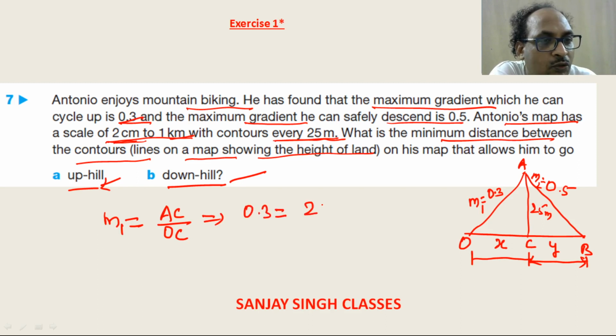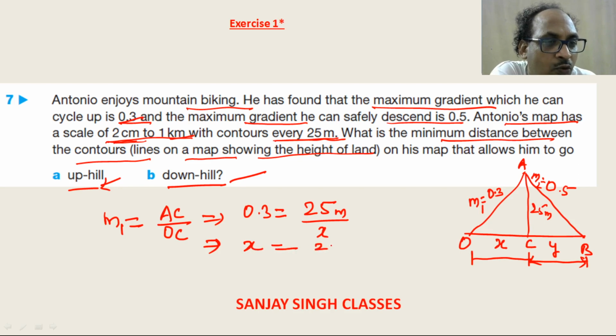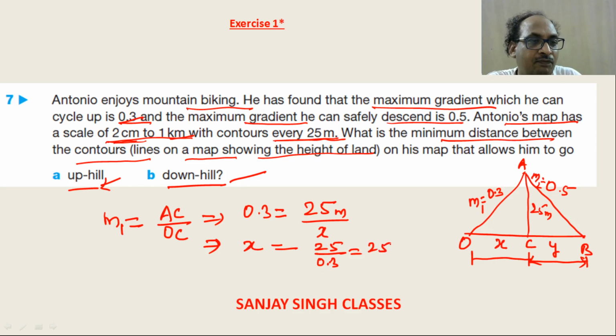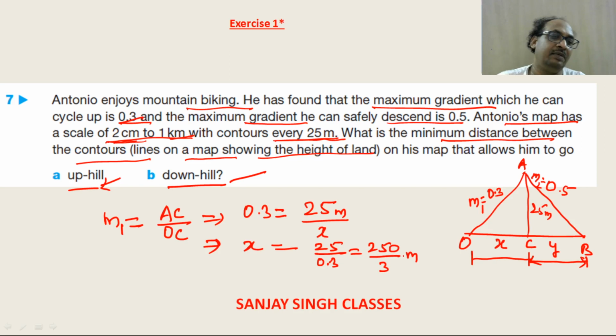AC is also given to us, it is 25 meter divided by x meter. Right. Now further, this x will be equal to 25 by 0.3, or we can write it as 250 by 3. So 250 by 3 meter.